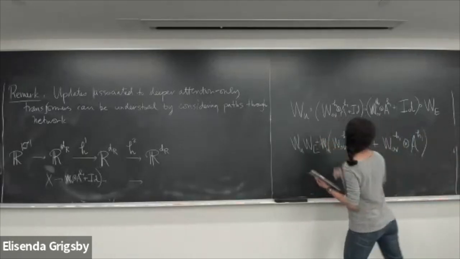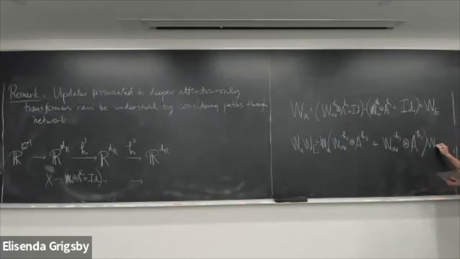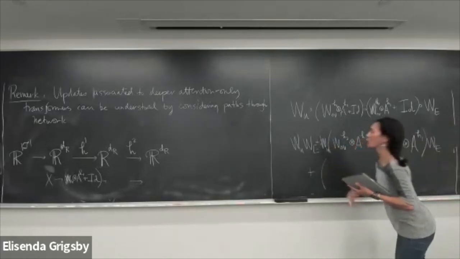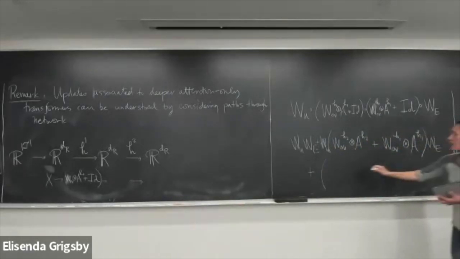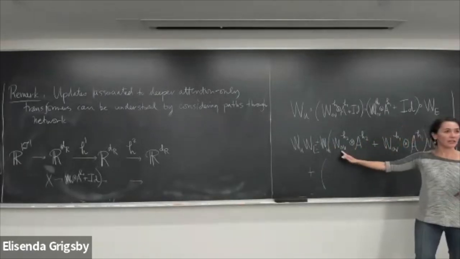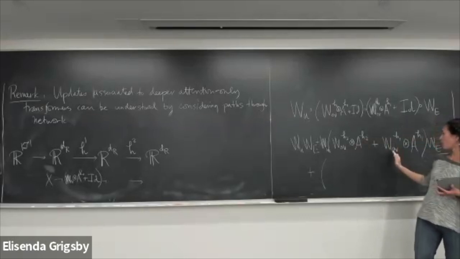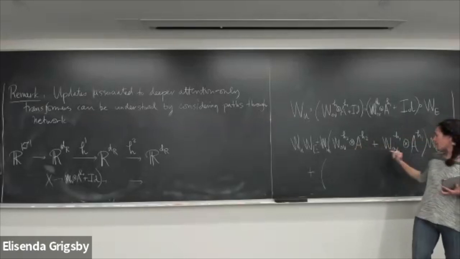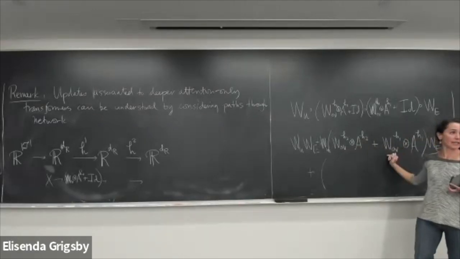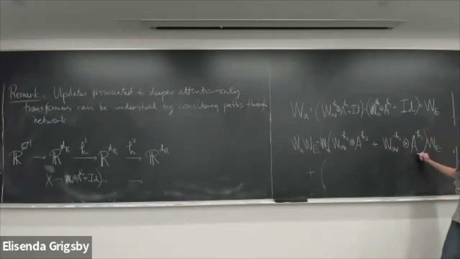You always have WU and WT. And then you have the interesting term where you're factoring through two attention heads consecutively. What's interesting there is that these matrices just multiply. These two matrices are stochastic matrices, so their product is also a stochastic matrix.